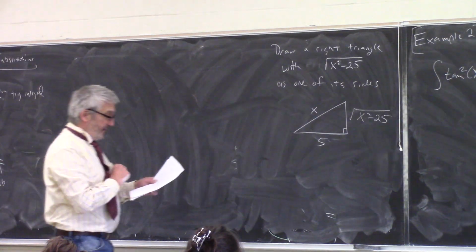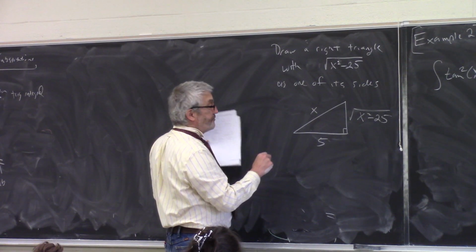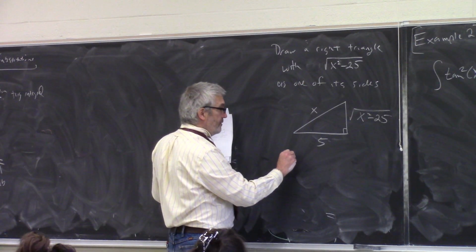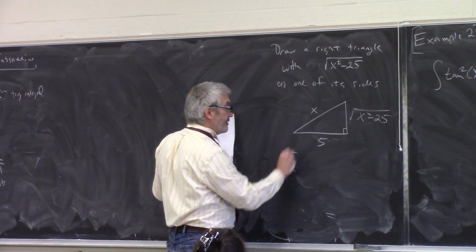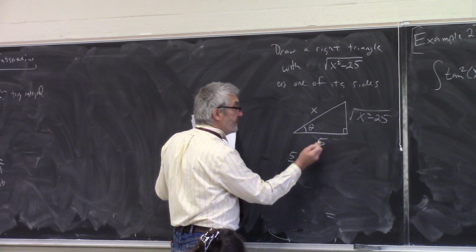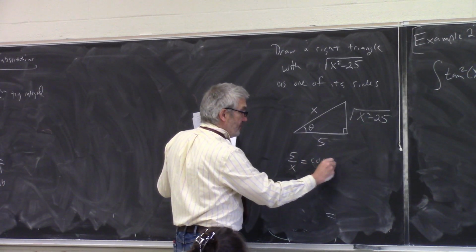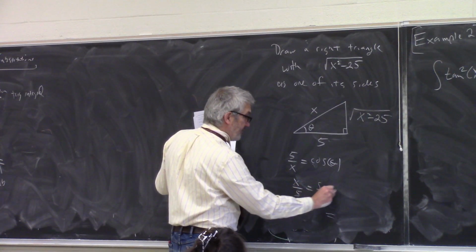So according to this, we get, well, 5 over x, this is theta in this corner, 5 over x equals cos theta. So that means x over 5 equals secant theta.